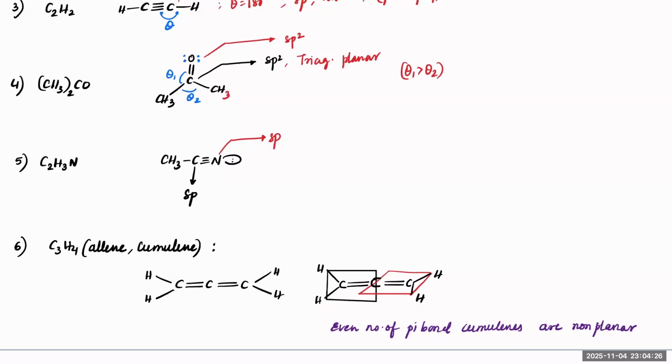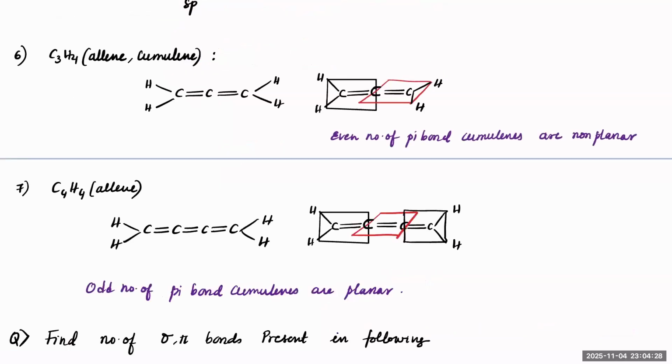Next, if you have C3H4, these are called cumulenes or allenes. Got it? What are the hybridizations? Check it out. This carbon is sp2. This carbon is sp. This carbon is sp2 hybridized again. Got it?